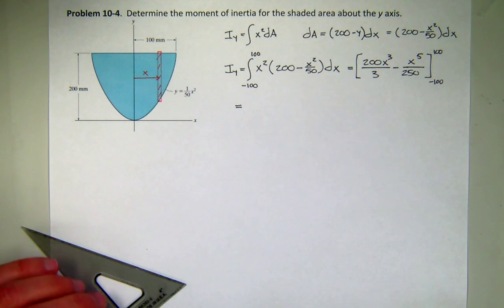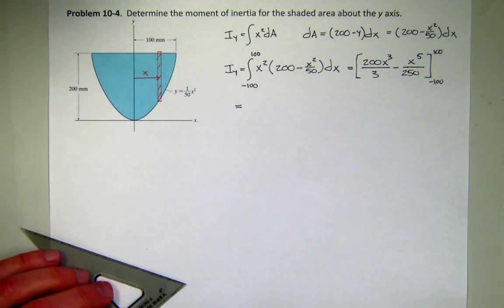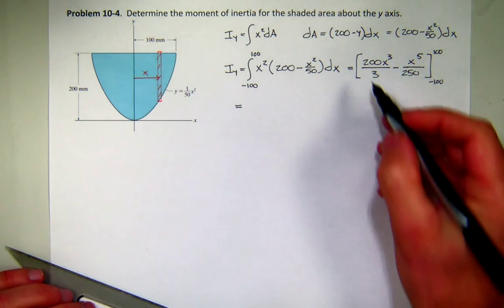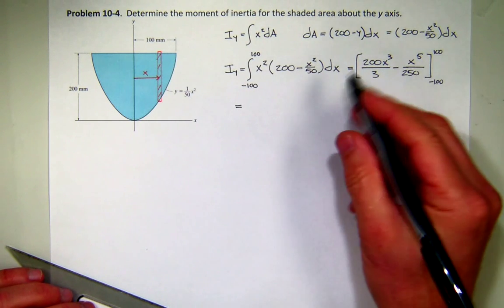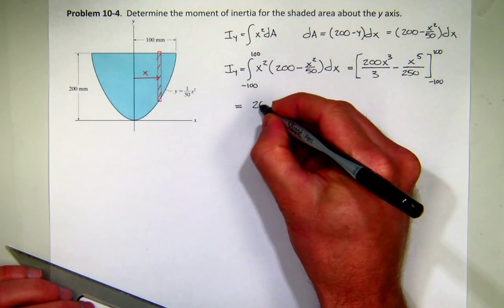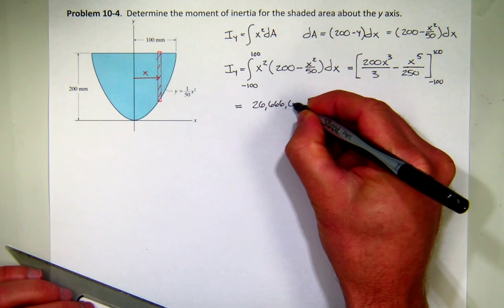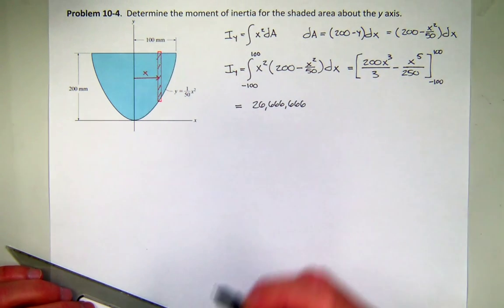You can see the numbers are going to get quite large for this because we're in millimeters. I went ahead and kind of worked on this problem a little beforehand, so I know that when I evaluate this at 100, I get 26,666,666.